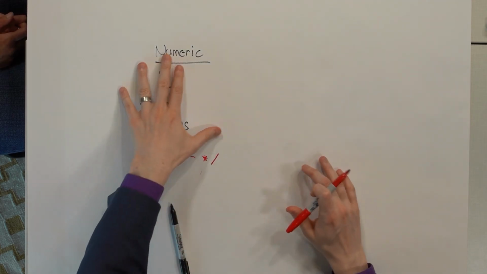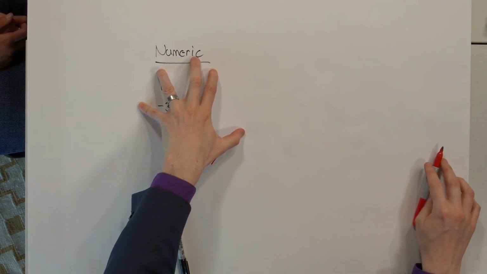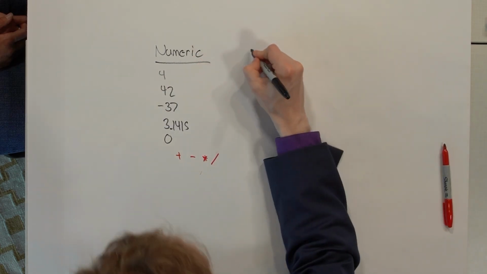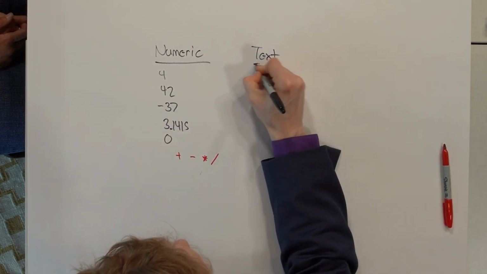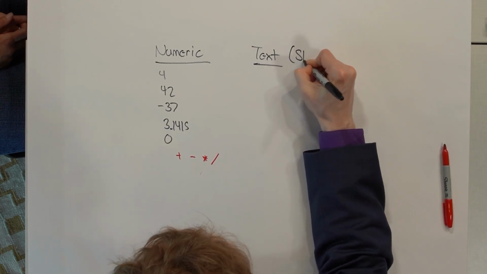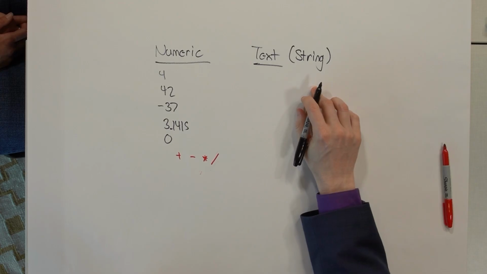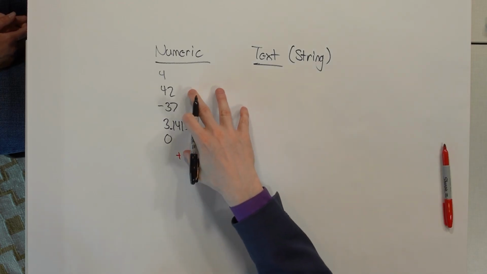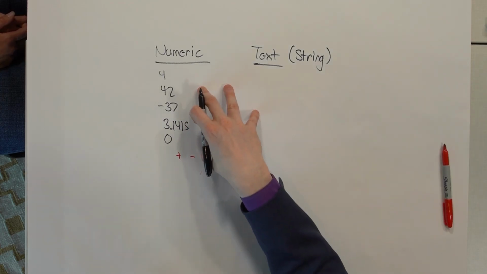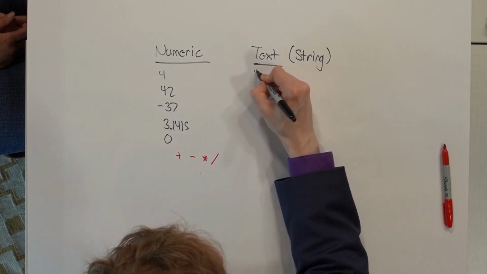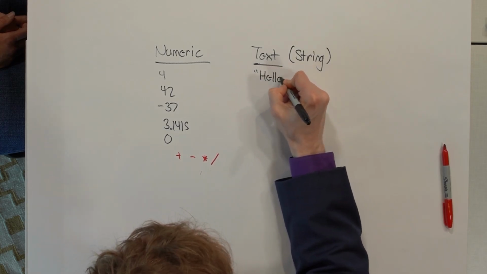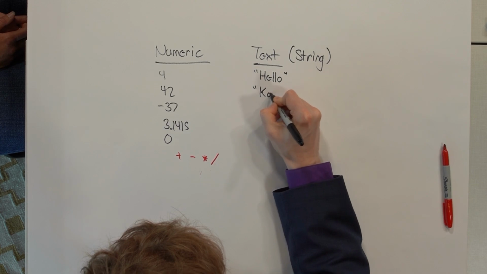If the data is not numeric data, then the data is often going to be text data. And text data uses a data type in Python called a string. A string inside of Python is anything that is a single value that is not a number. So this is going to include things like the string hello, the string Carly.